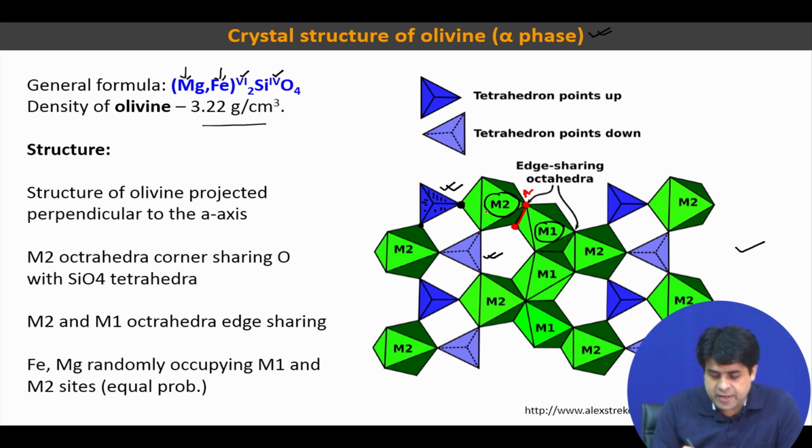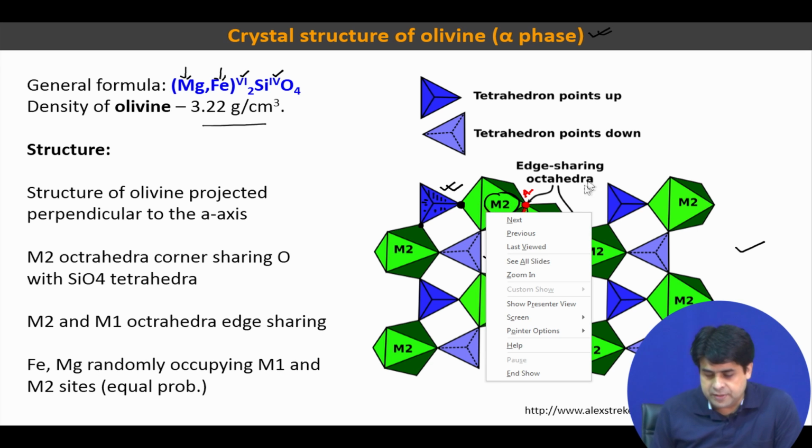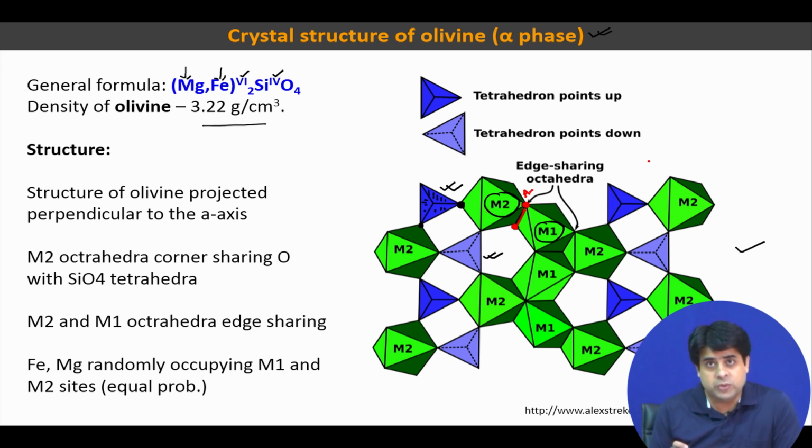But the point here is that the center atom present in this M1 and M2 side has a relatively smaller valency. At the center of the M2 side you have Fe2+, and here you have Mg2+. So the charge of this smaller cation is relatively small compared to what is present in the tetrahedron.